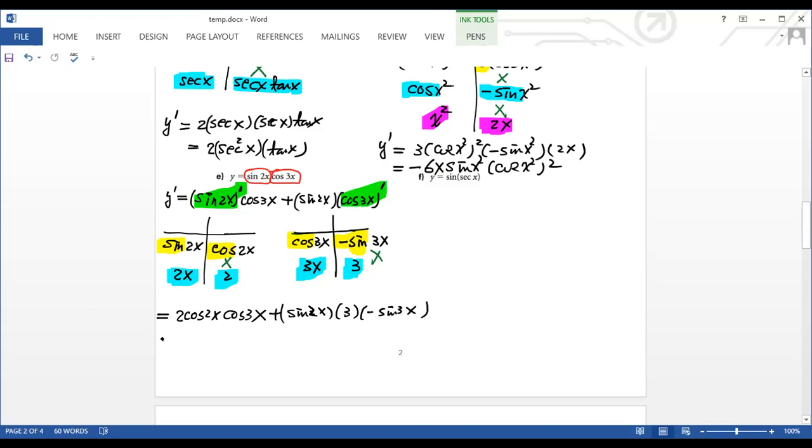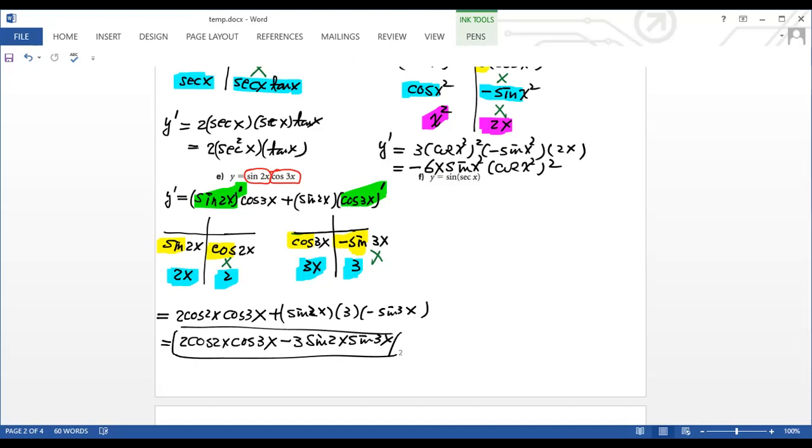Or you can rearrange this a little bit. This is 2 cosine 2x cosine 3x, and 3 times negative 1, so it's minus 3 sine 2x sine 3x. All right, so that combines what we learned before.